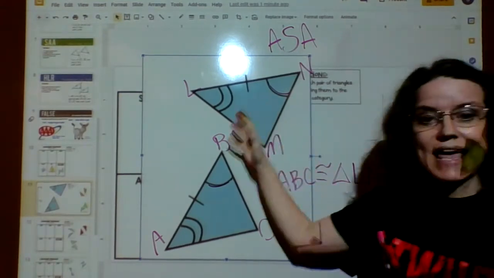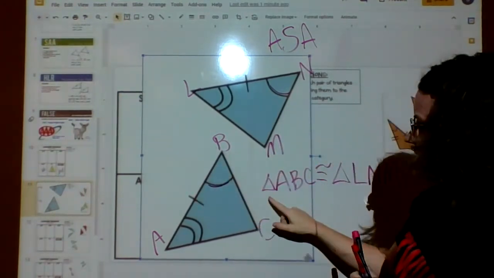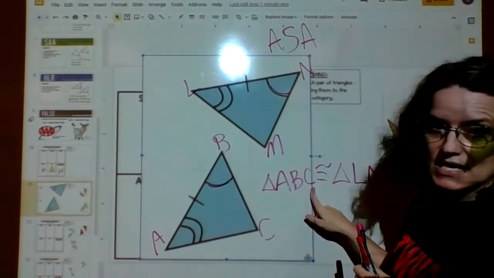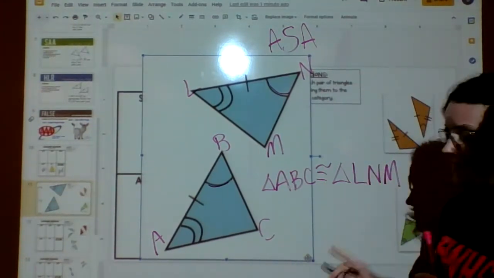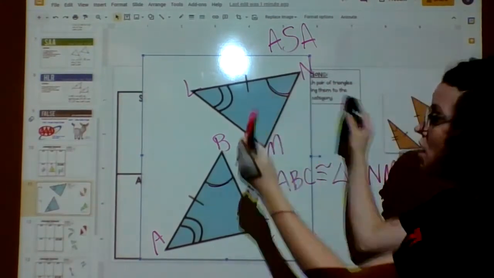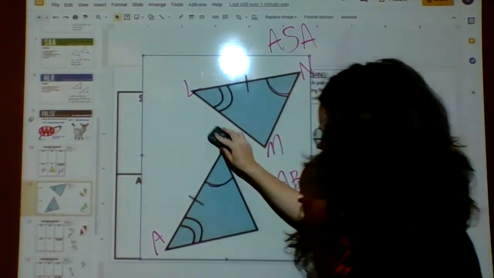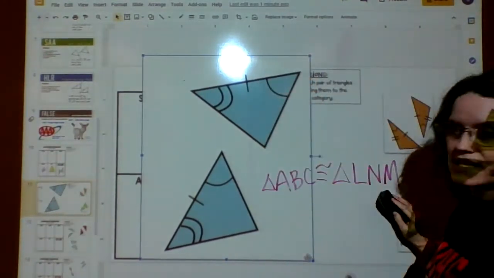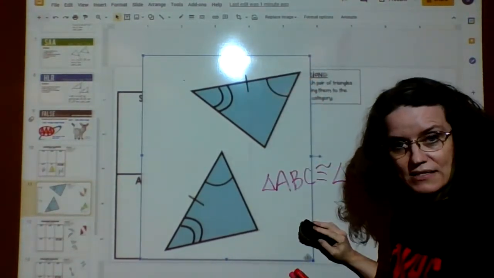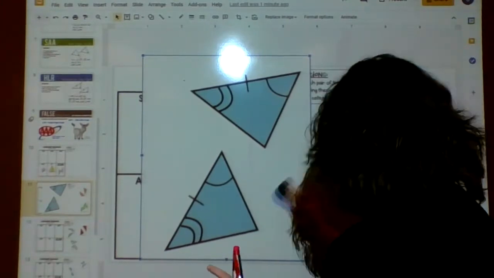So you would say that these are congruent by saying that triangle ABC is congruent to triangle LNM. And that would make sure that not only do you know they're congruent, but you have named them in such a way that anybody who reads this knows exactly which pieces match up with the other pieces.